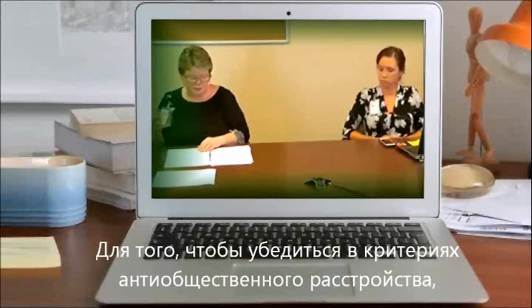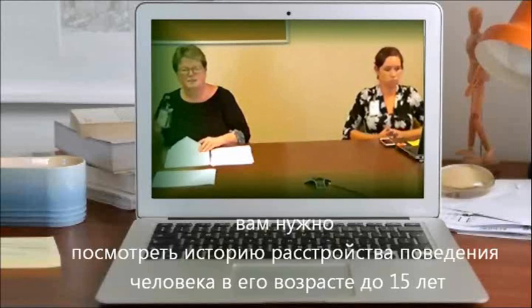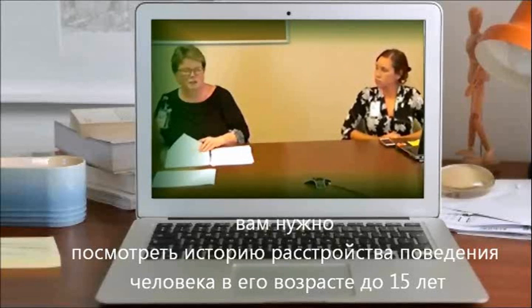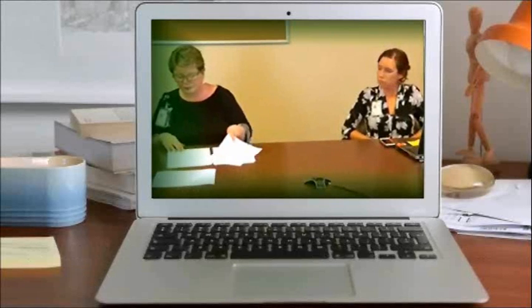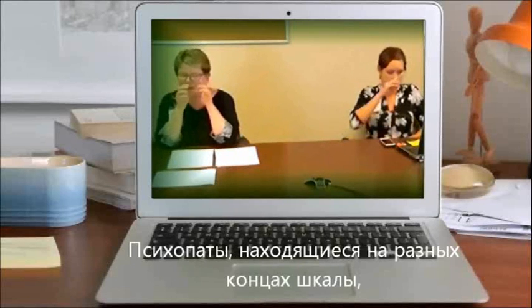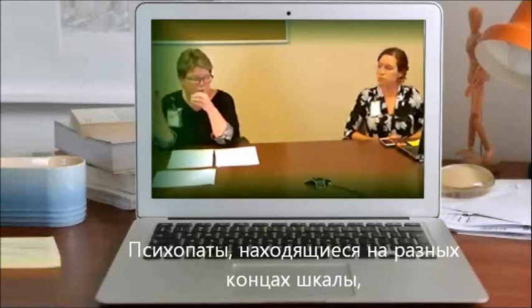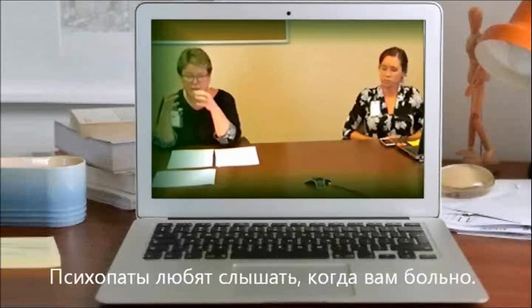In order to meet criteria for antisocial, you'd have to have a history of conduct disorder by the age of 15. This starts in late childhood, early adolescence, and becomes very apparent. We have a psychopathy checklist here. Psychopaths are a little different. They're kind of the other end of this scale, although they come under the same diagnosis. Psychopaths like to hear you scream.